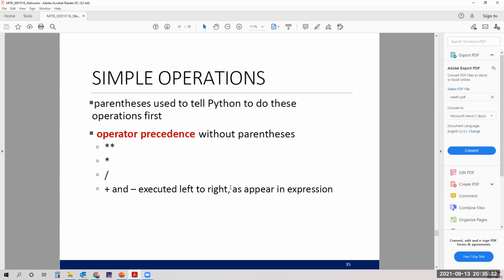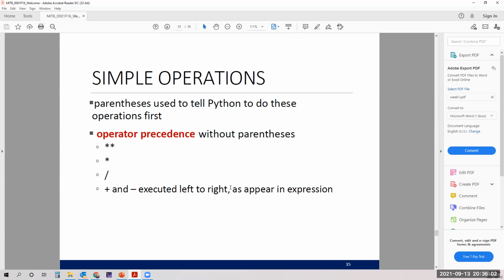Now, in this slide, we are talking about the priority of mathematical operations in a mathematical expression. What does that mean? What will be executed first? The highest priority is for parentheses. If I put parentheses, those would be executed first.